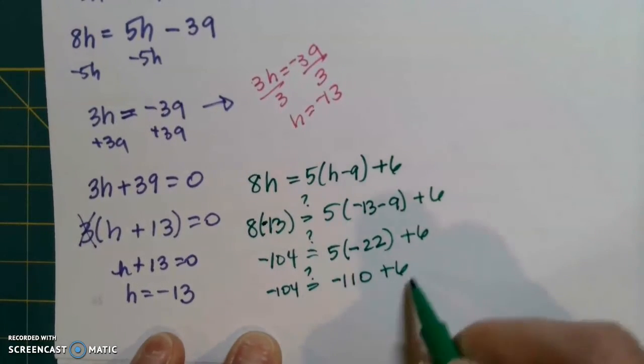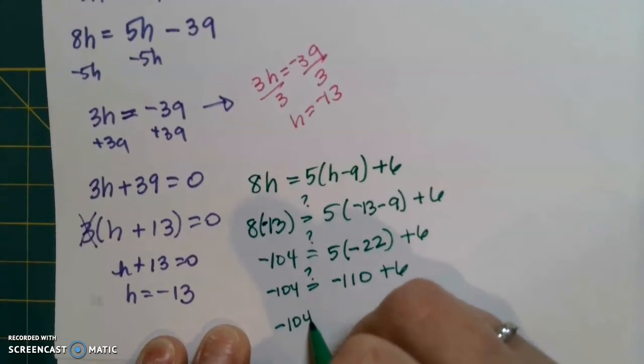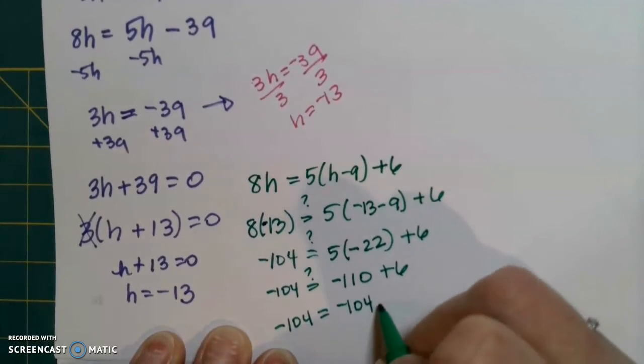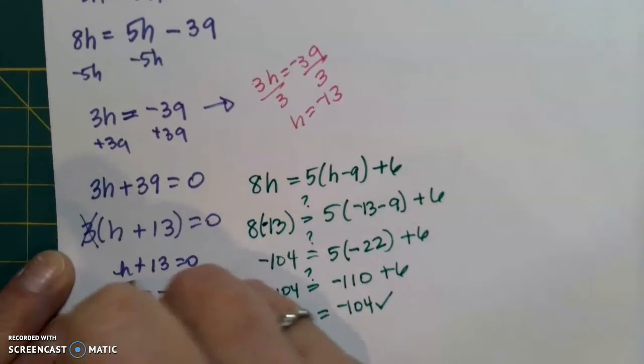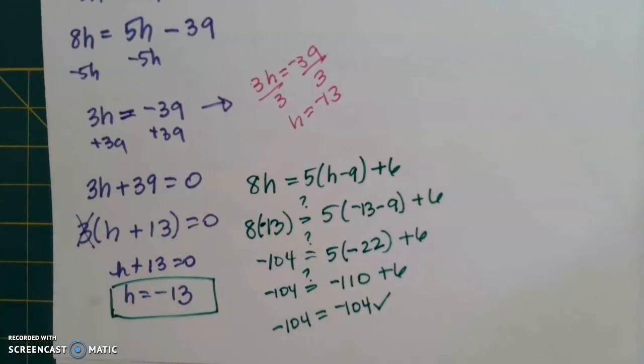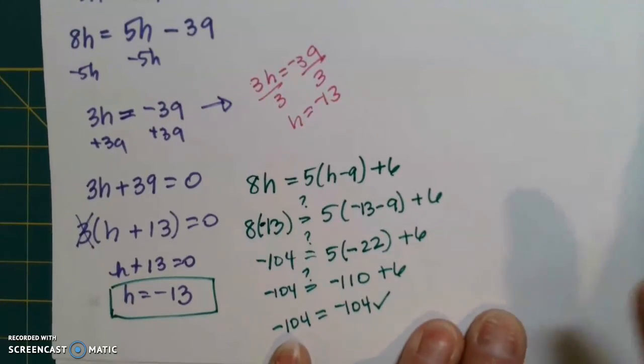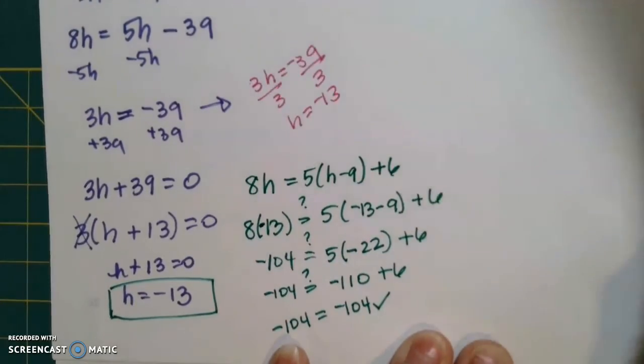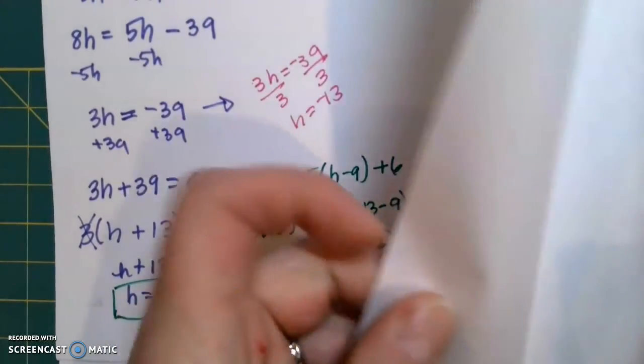Plus 6, and then hopefully you can see here that that is going to give us negative 104 on both sides. So that is an acceptable, verified solution to our equation in that one.